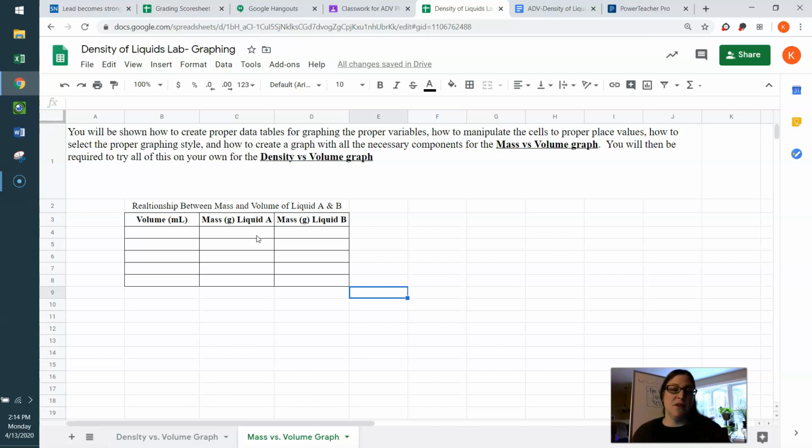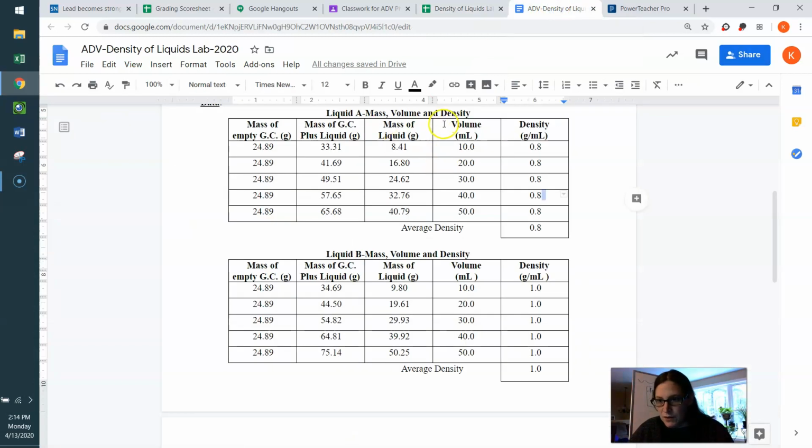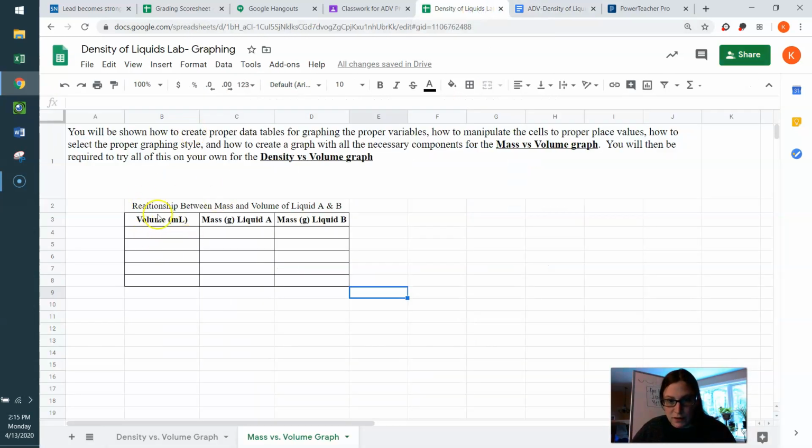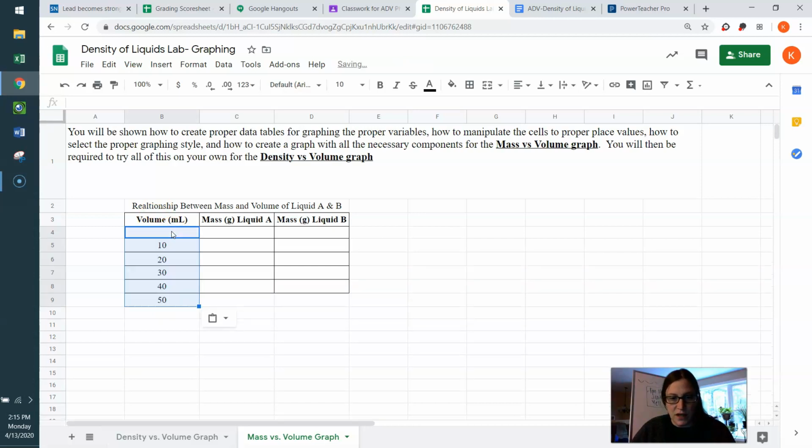We very specifically want to look at how volume, our independent variable, is in this case related to the mass of each liquid. So I would go back to my document and I would first copy and paste the volumes, Control C, into where my volume column is. So I'm just going to click there and hit Control V.